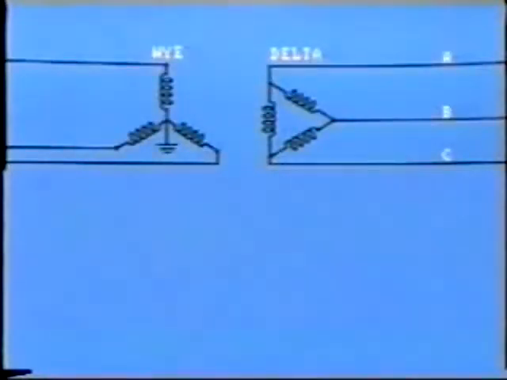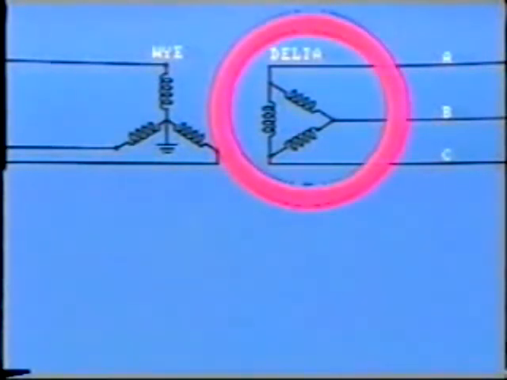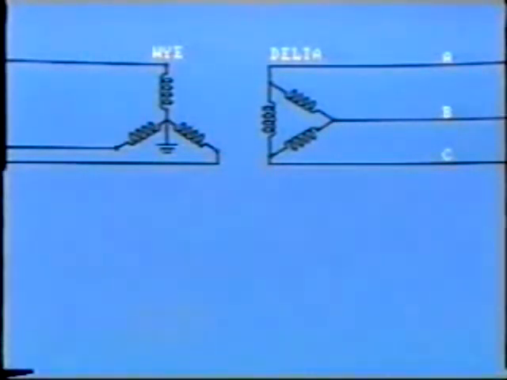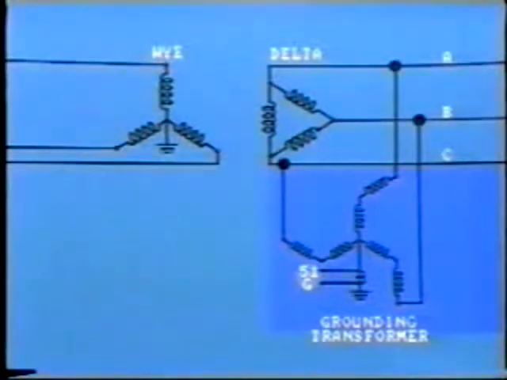I'm sure you may already be thinking, but where is the path for ground fault current to flow when the transformer secondary is delta connected? There is no neutral point for grounding. Well, in this case, a neutral point must be provided, and it is quite usual to connect a grounding transformer as shown here.